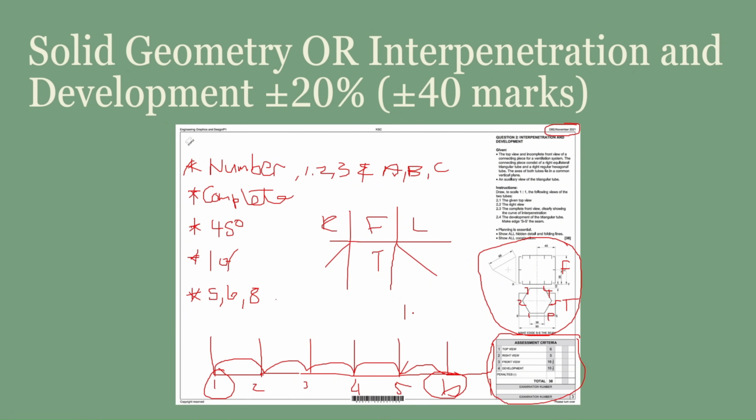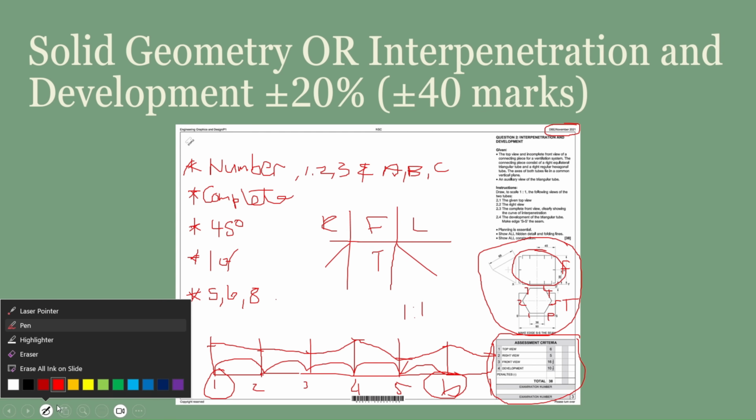And you use the scale of 1 to 1. When it comes to the measurements of 1, 2, 3, 4, 5, and 6, you will fetch them either on the front view or in the left or right view, depending on what they have asked you. You just fetch them with your compass, measure them out, put them on these lines, and then connect them using a ruler.